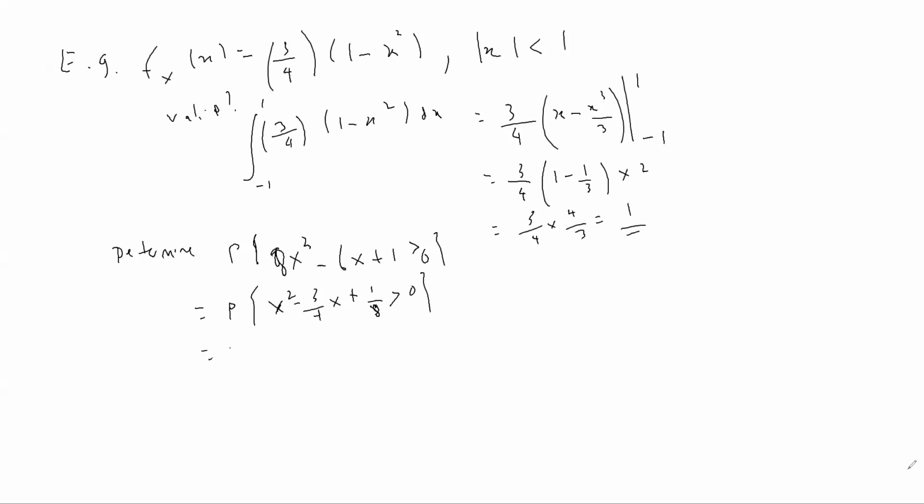So you get the probability of x minus half, x minus 1/4 must be larger than 0. What is the range of x that fulfills this condition? This goes back to what you learned in secondary school.